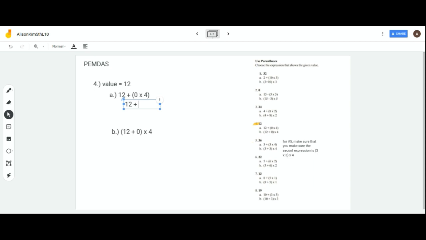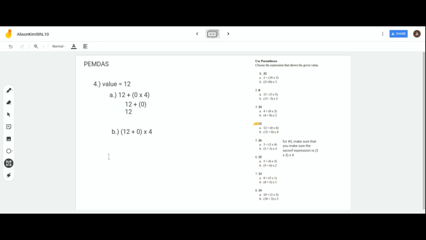Anything times 0 equals what? 0. So we put 0. Now we just need to add, because we don't need to do any other order of operations, right? 12 plus 0 is what? Just 12. So that's our answer for the expression given in letter A.